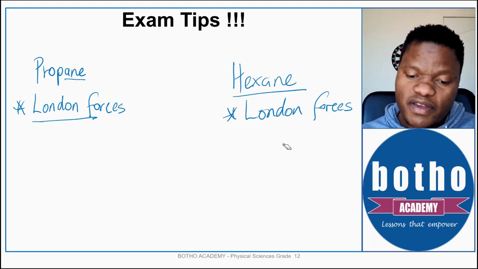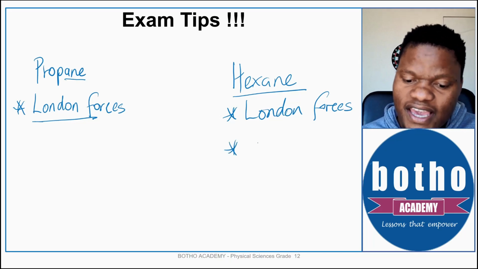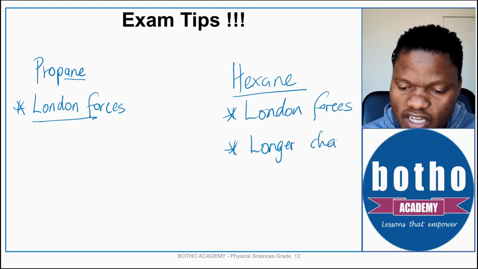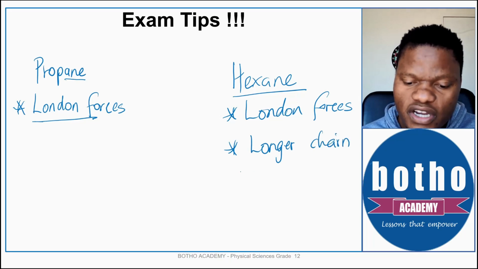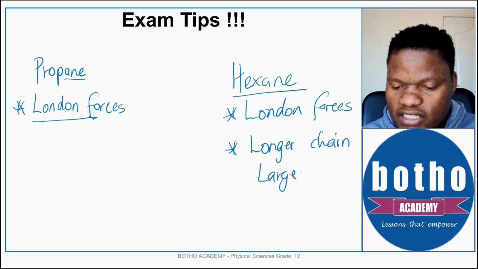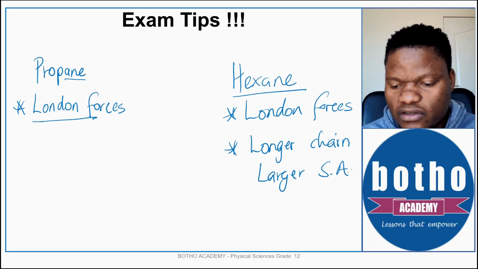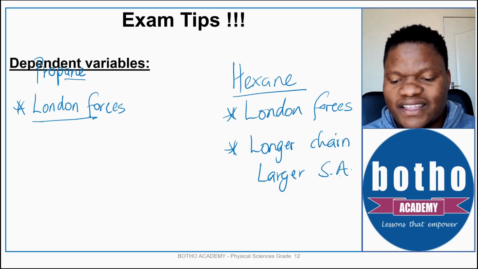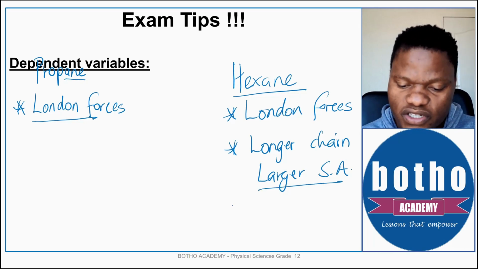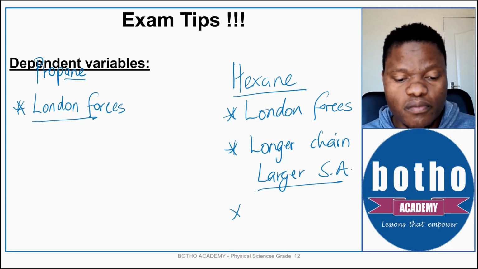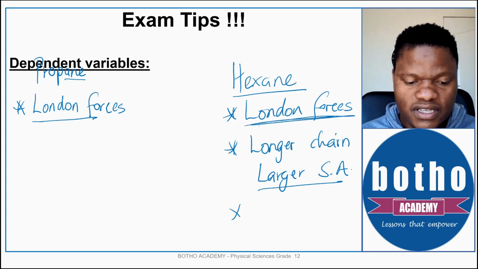The difference is made by the chain length. Hexane has a longer chain. If you have a longer chain, the longer chain will result in a larger surface area. SA, there is not South Africa, it's surface area. The larger surface area will lead to more points of contact, and if you have more points of contact, it means there will be more of these London forces than here.